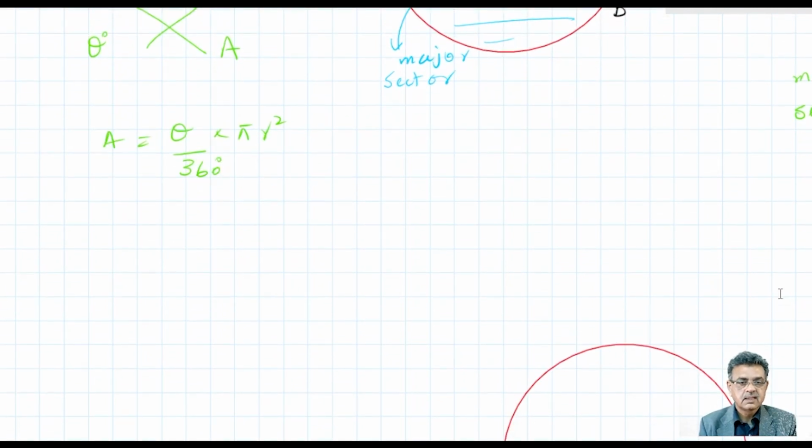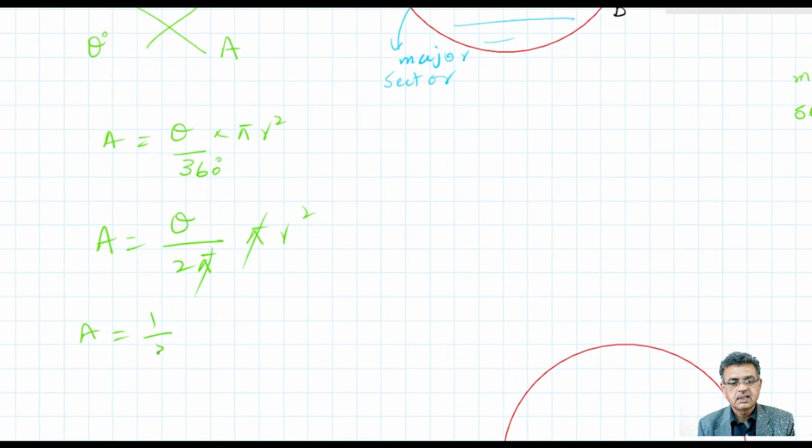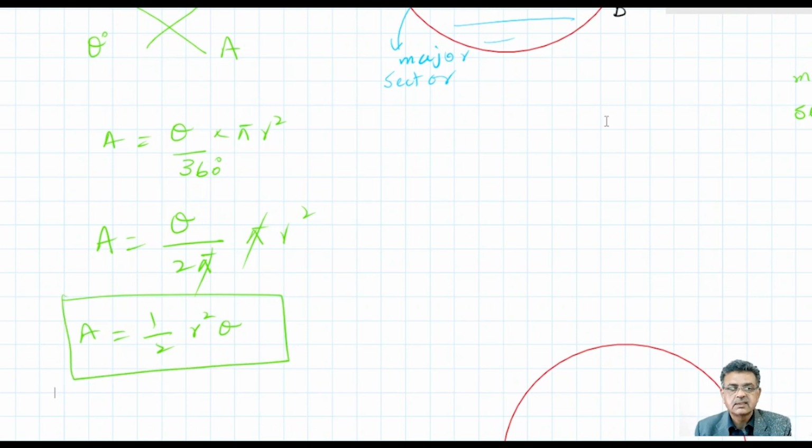Once again, if we change the value of angle to radians, 2 pi, this will be pi r square. Now pi is cancelled. Then area is equal to half r square theta. Then this is the formula of area of a sector. This is area of sector.